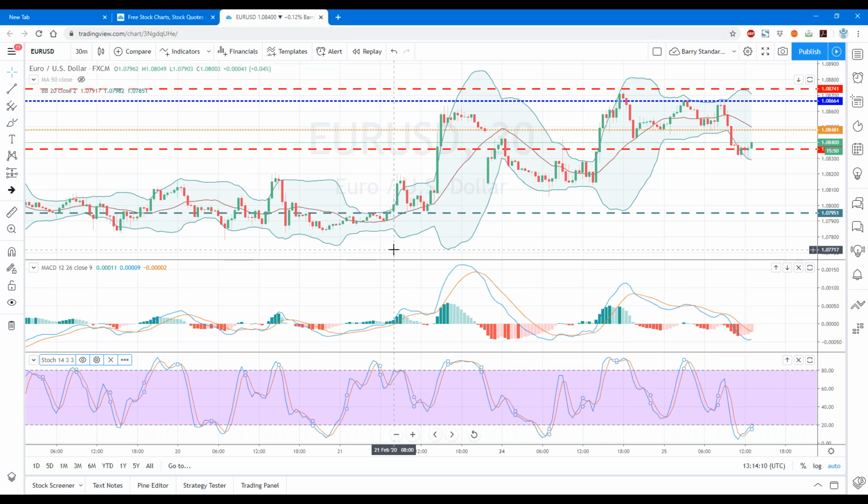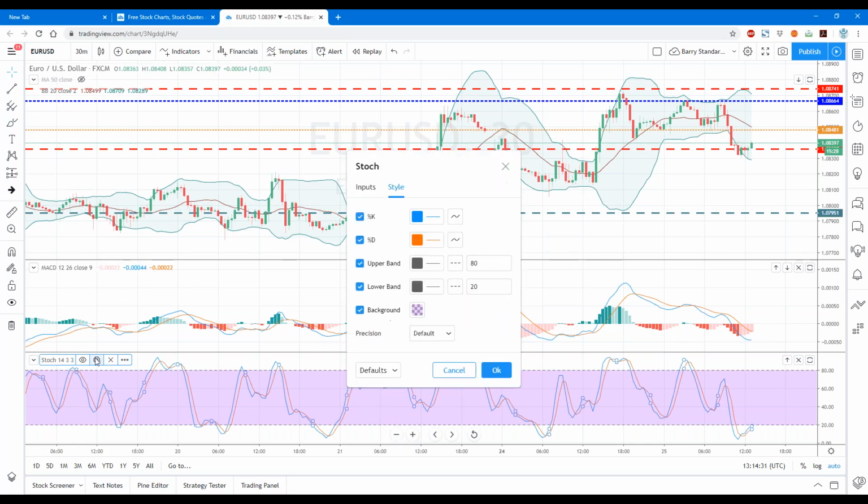Like stochastics, when it was developed, I think the developer was George Lane. I may be incorrect, but it was based on a 14-period lookback period, a 3-period moving average, and a 3-period moving average of the indicator. Now you can customize these and change the periods, the colors, everything you want to see. You can change the range.